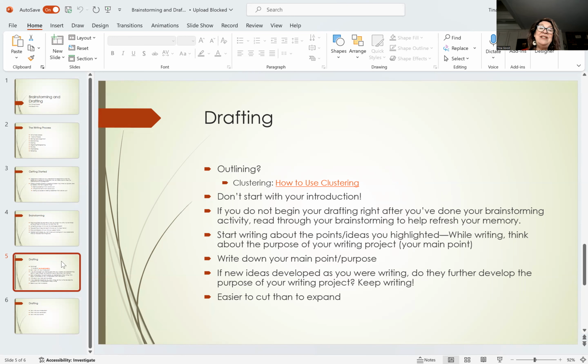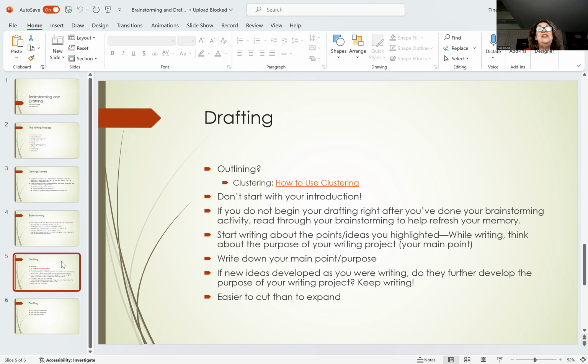I do think that there is a moment in the writing process where outlining becomes very useful, particularly with organization, but maybe not as productive here. Again, if this works for you, I'm not saying don't do it. I'm not saying it's wrong to do it. I just think it might be a little premature if that is where you are trying to put it in and it's not working for you.